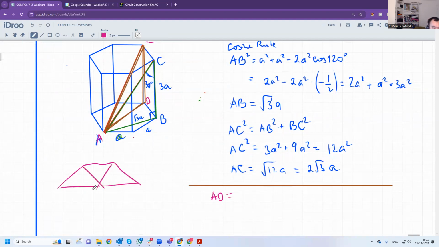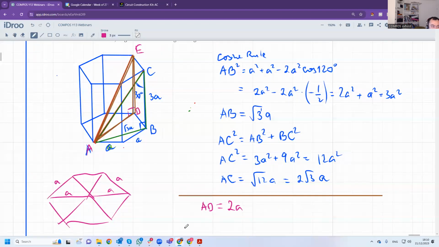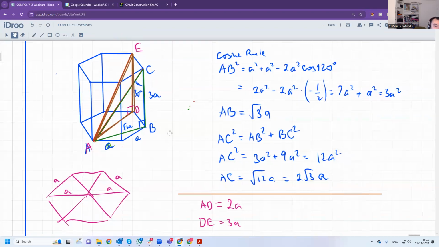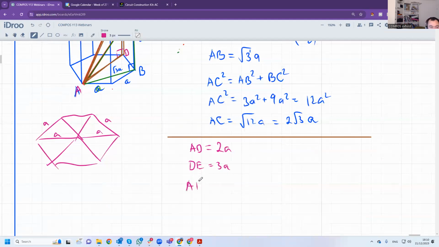A hexagon is made up of 6 equilateral triangles. And if this side is A, and this is A, that means this is A and this is A. So AD is 2A. And DE is 3A. And that means that AE is very simple. So AE is square root of 9A squared plus 4A squared, which is square root 13A.